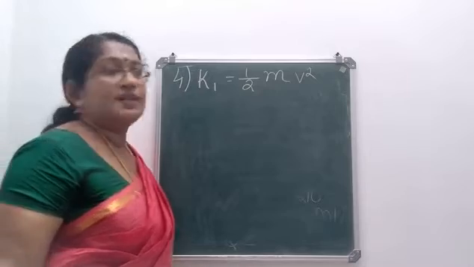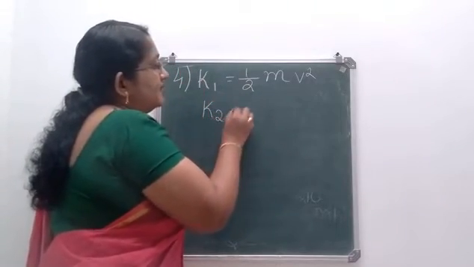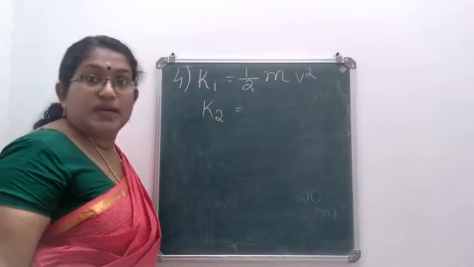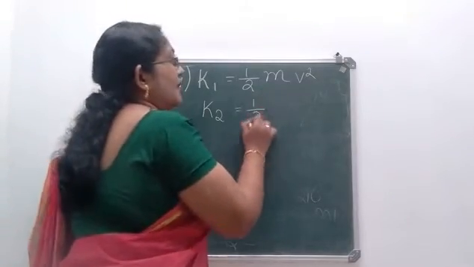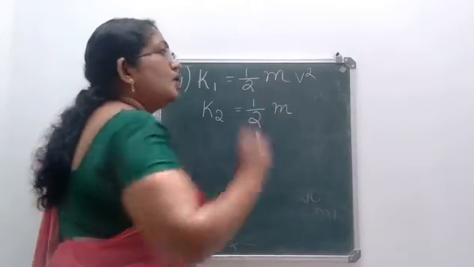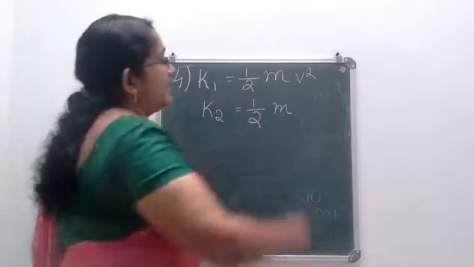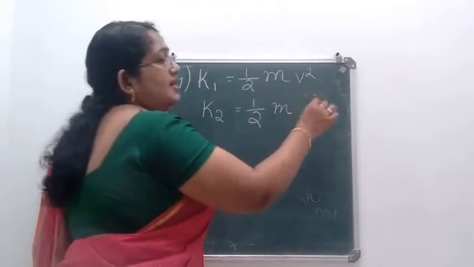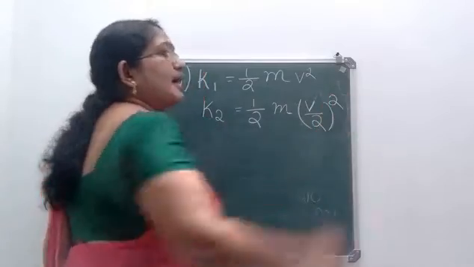If the speed of the body is half, same body, so there will be a change in the kinetic energy. So I have taken the new kinetic energy as K2. K2 is equal to half into m, there is no change in the mass since we are considering the same body, into, here the speed of the body is half. That means v becomes v by 2.